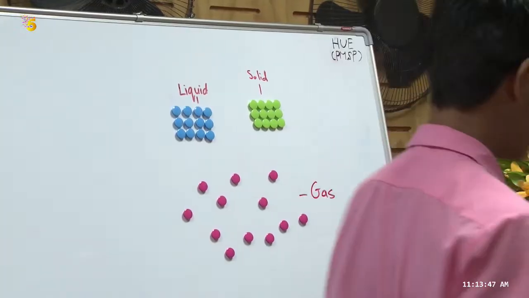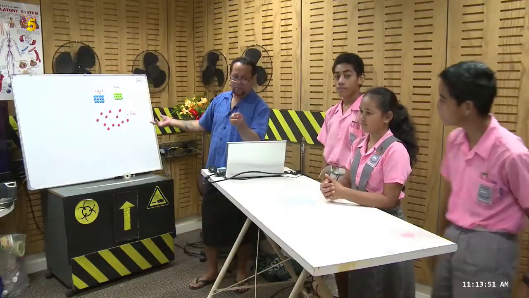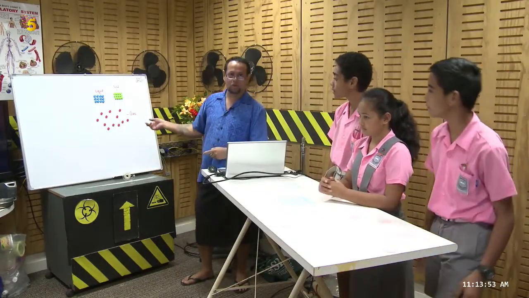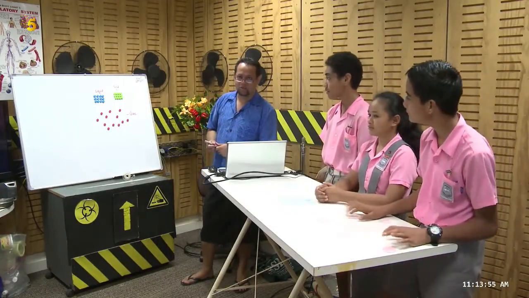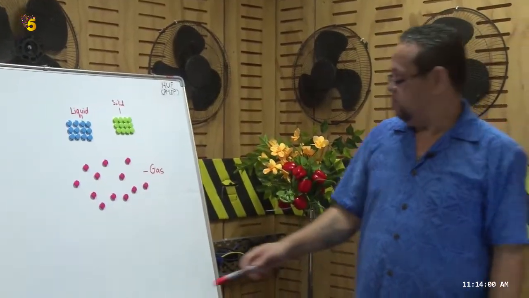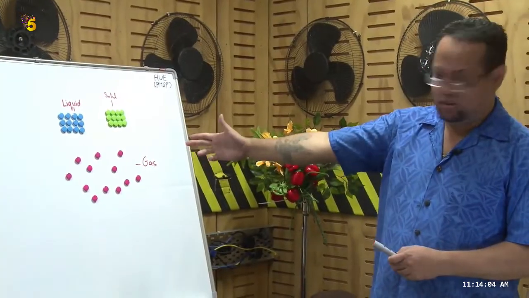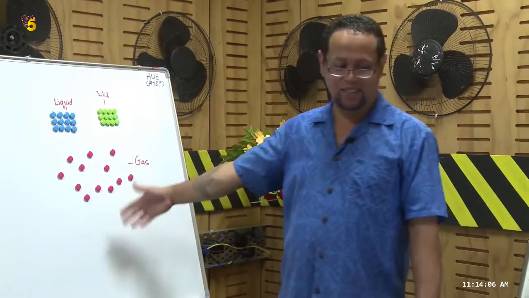Okay, students there in your classroom, can you see this? Particles. We have the solid very tight together. Then comes the liquid. Do you agree with the arrangement of the particles of the liquid? And of course the gas.